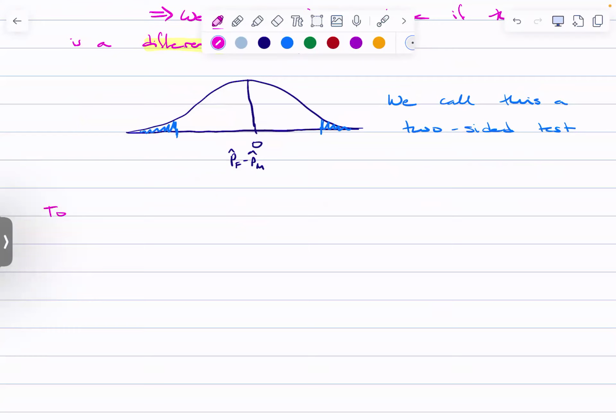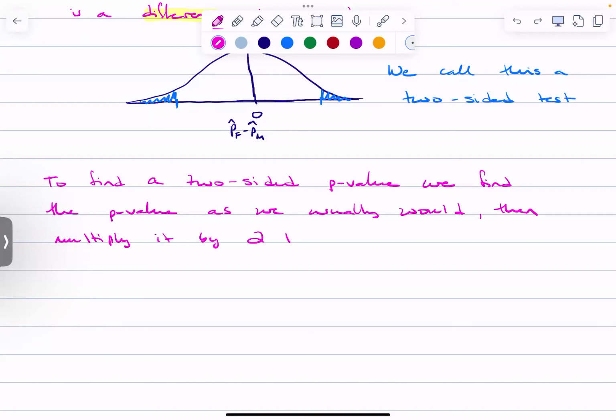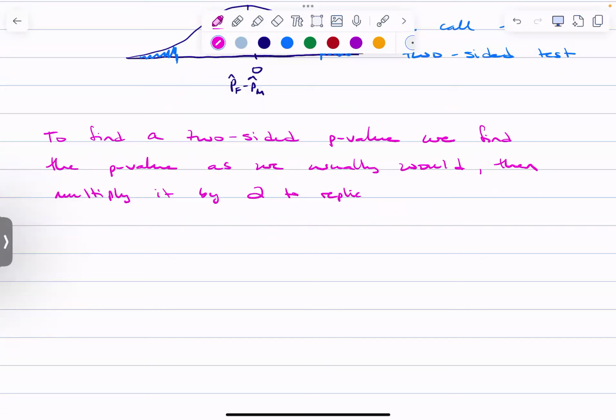So to find a two-sided p-value, we find the p-value as we usually would, and then multiply it by 2, to replicate it in the other tail.